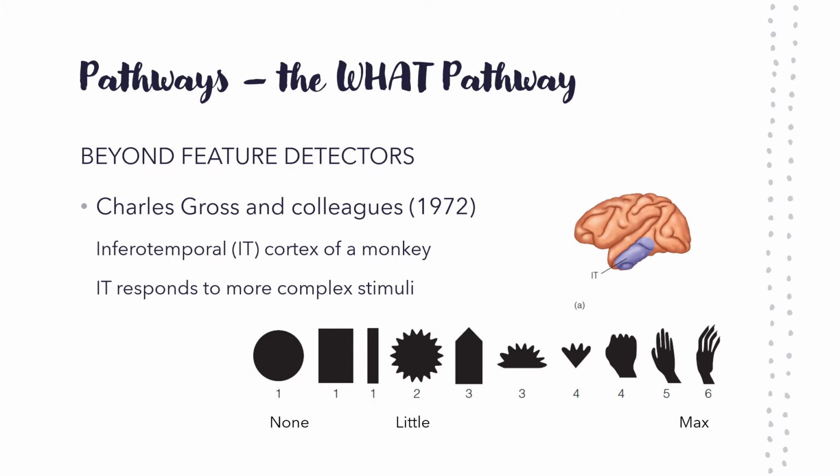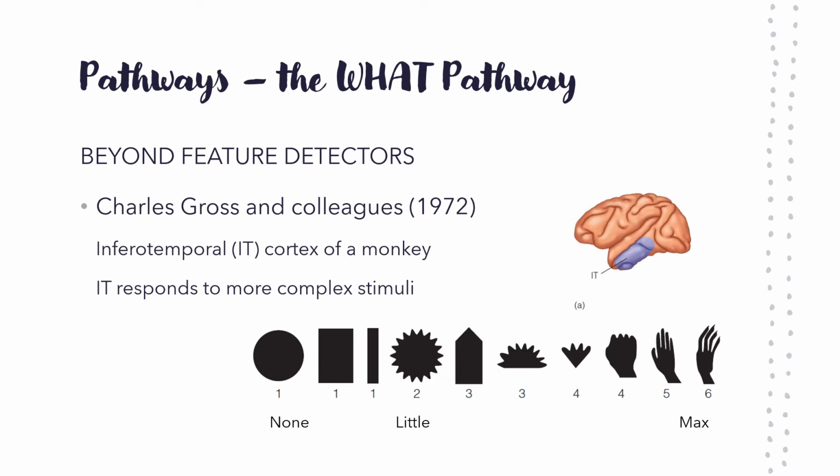So some of the people who discovered how this is done, we started with Charles Gross and colleagues in 1972. And this is another one of these really interesting serendipitous results. If you look at the stimulus number 1 on the left, they were starting with dots, just like Hubel and Wiesel saw in the retinal ganglion cells and in the lateral geniculate nucleus, and just like Hubel and Wiesel were starting with in the visual cortex.